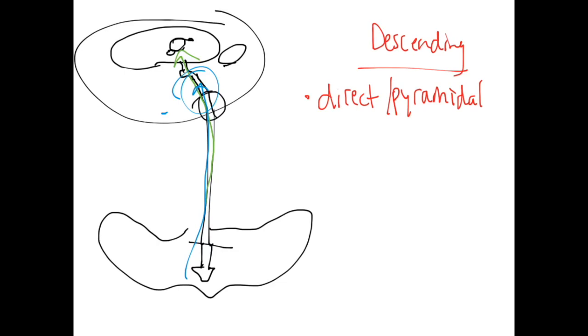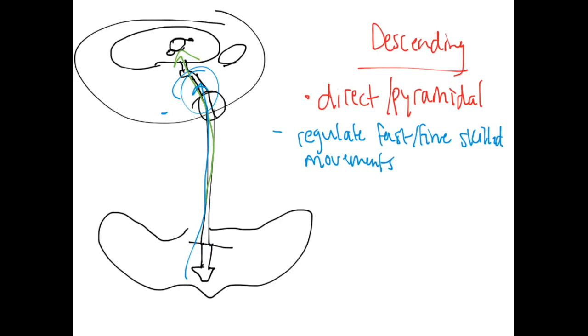So these are going to regulate fast or fine skilled movements. This is a 2-neuron system.